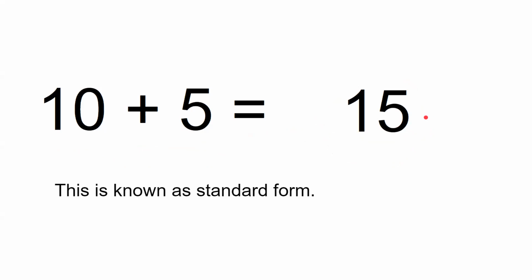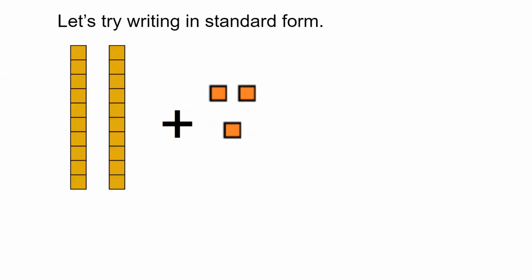छोटे में लिखते हैं हम. Now let us try writing this number in standard form. इस number को standard form में लिखते हैं. How many blocks of 10 do I have? I have 2 ten blocks, right? So I will write this as 2 tens. Now I know 2 tens is equal to 20. And how many blocks of 1 do I have? I have 3 small blocks. These are 3 ones. So 2 tens I know is equal to 20 and 3 ones is equal to 3.